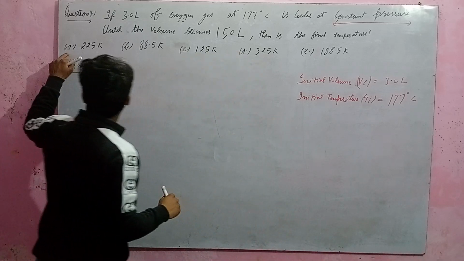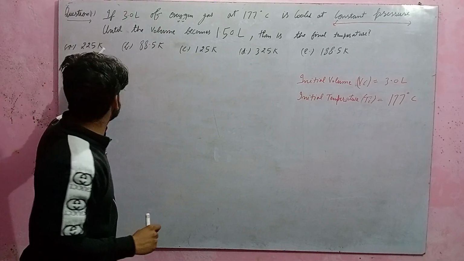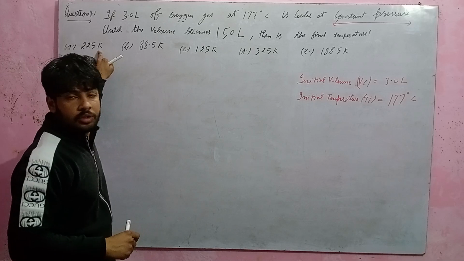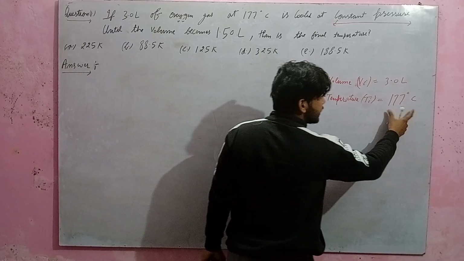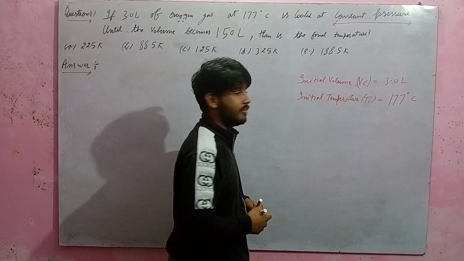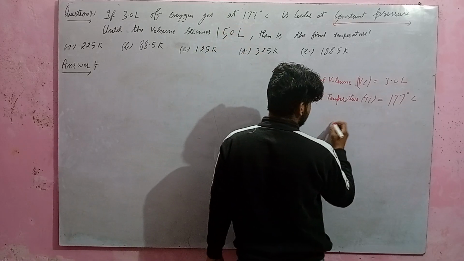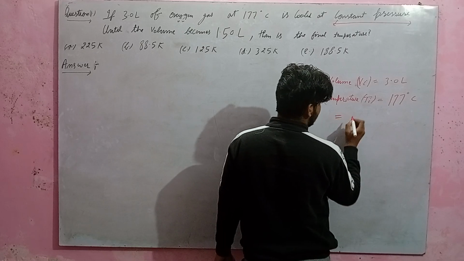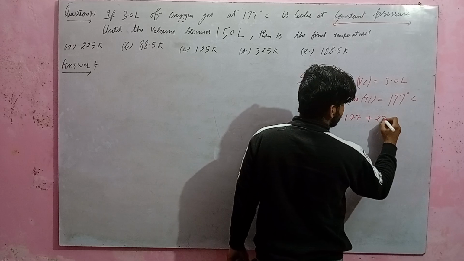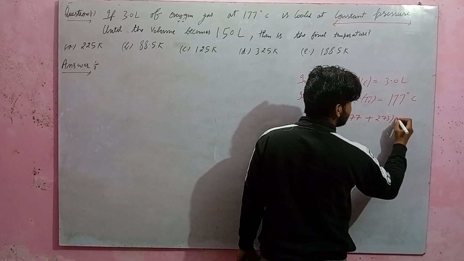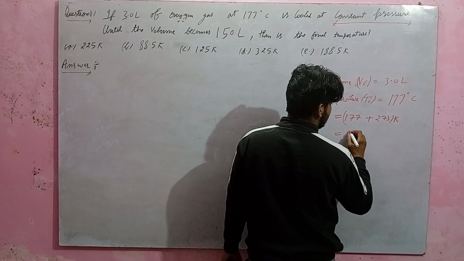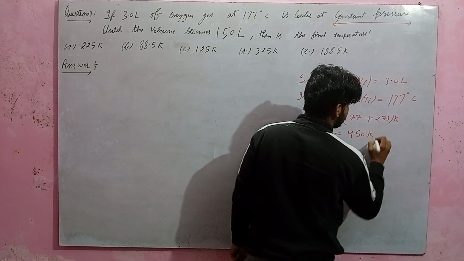We know that all the answer options are given in Kelvin, so we should convert this temperature from degree Celsius to Kelvin. To convert 177 degree Celsius to Kelvin, we add 273. So we get 450 K.